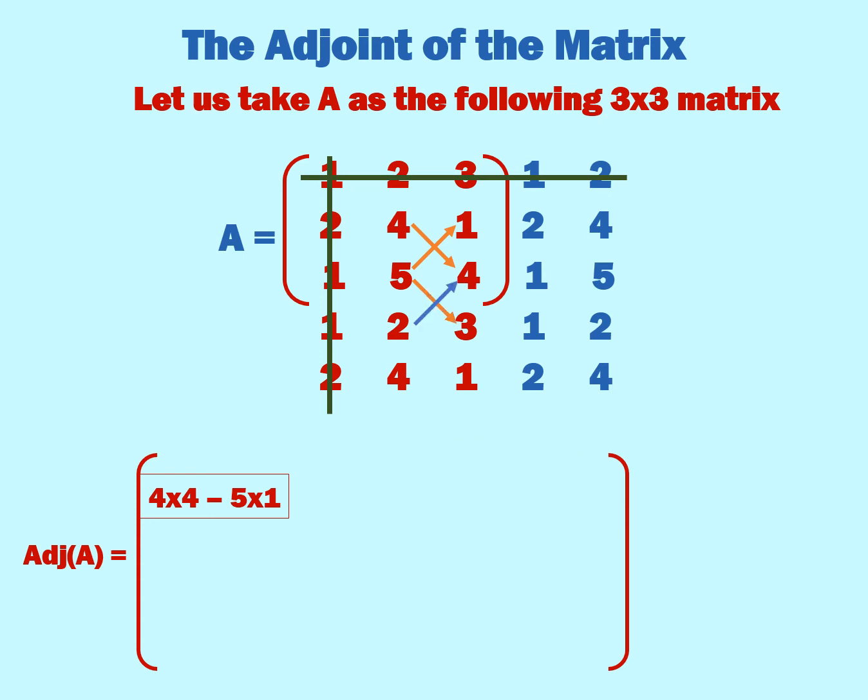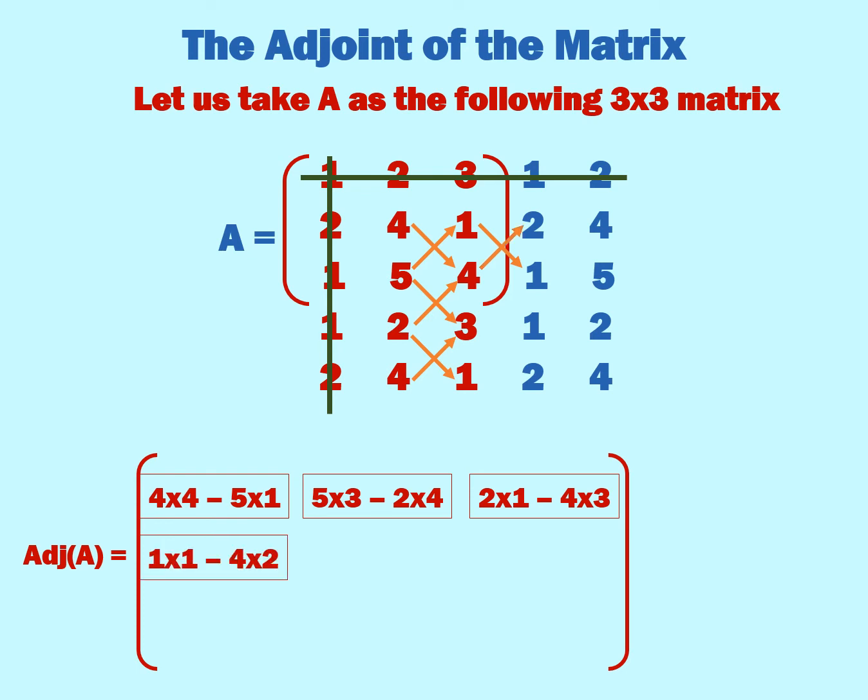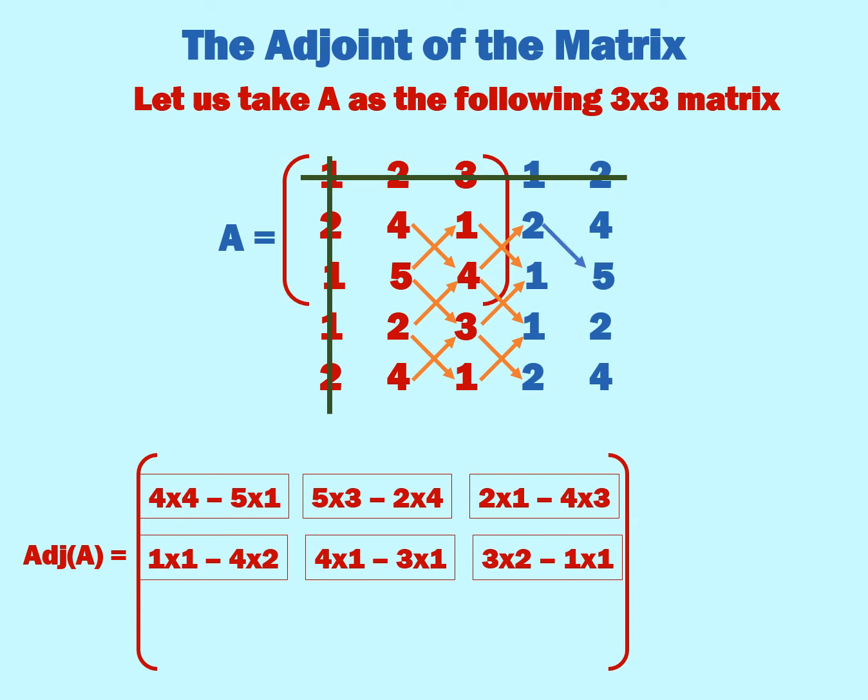5 into 3 minus 2 into 4, 2 into 1 minus 4 into 3. Then you move on to the next two columns and start filling the second row of the matrix. 1 into 2 minus 4 into 1, 4 into 1 minus 3 into 1, 3 into 2 minus 1 into 1.